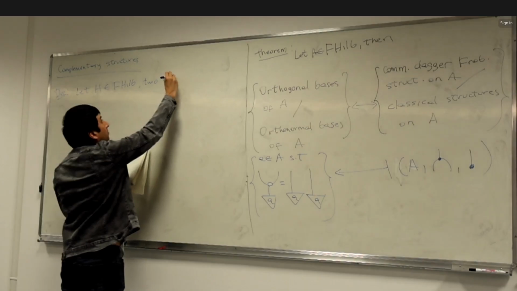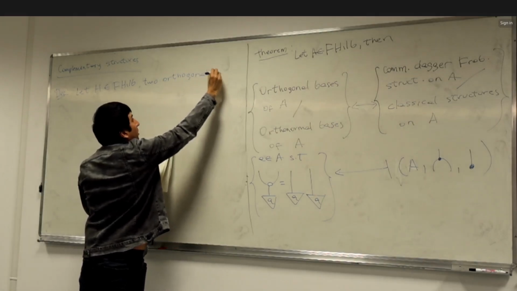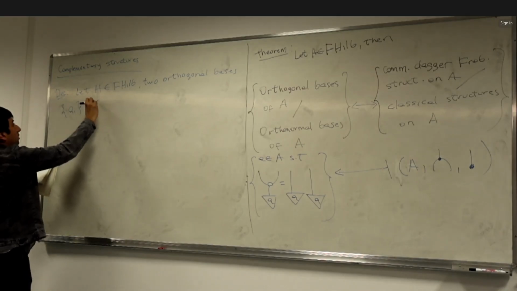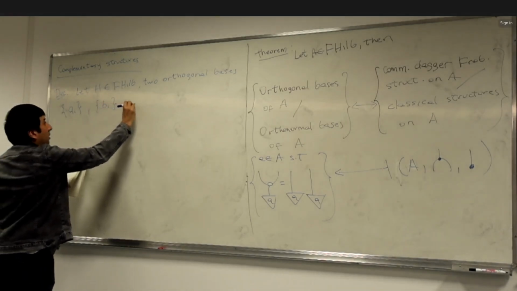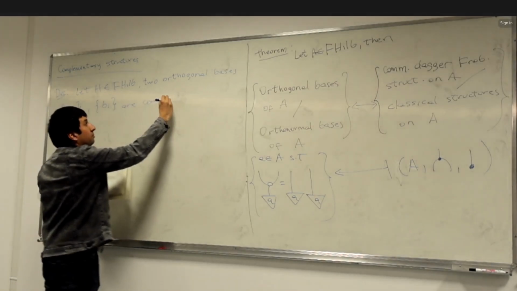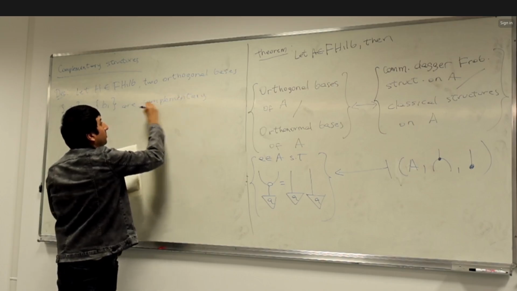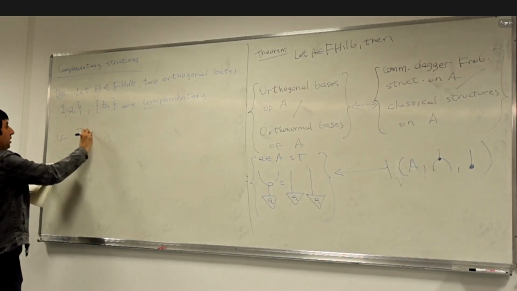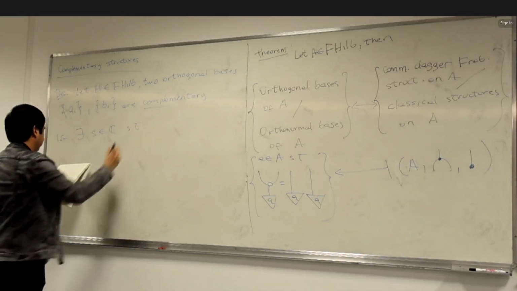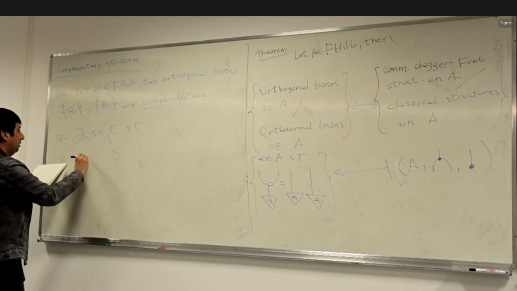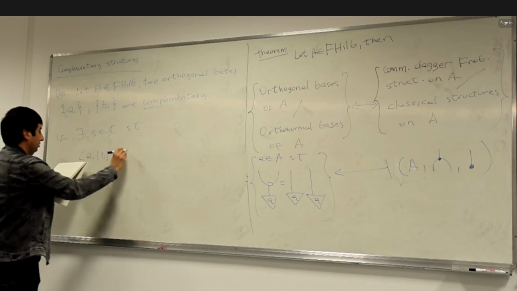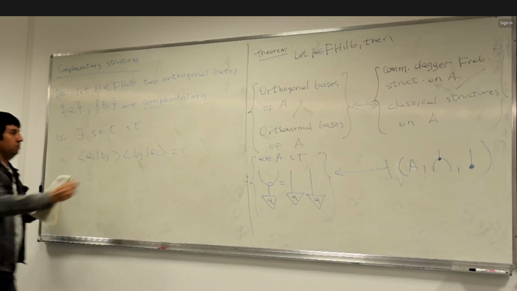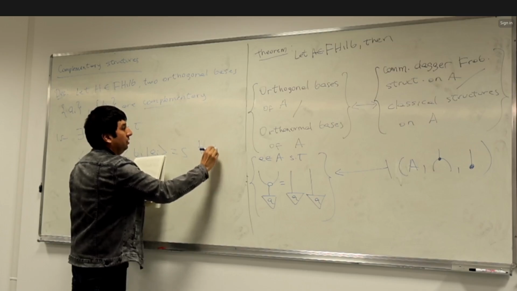Two orthogonal bases AI and BI are complementary if there exists S, a complex number, such that this product of inner products equals S always, for every I and J.